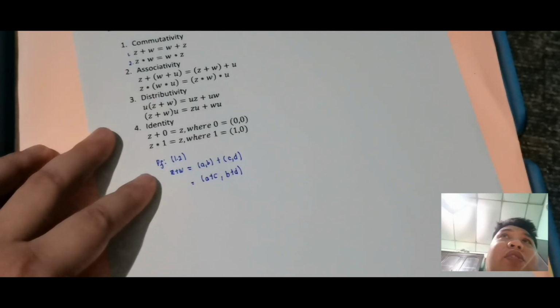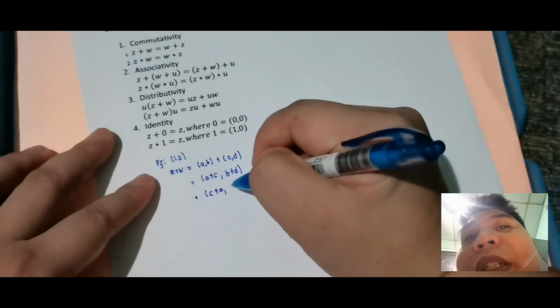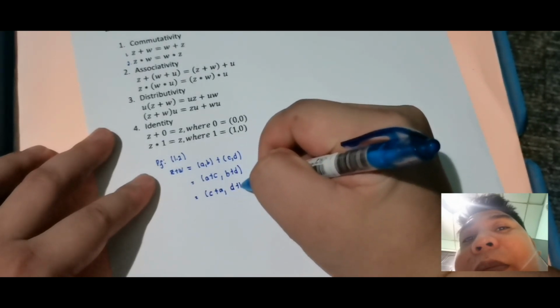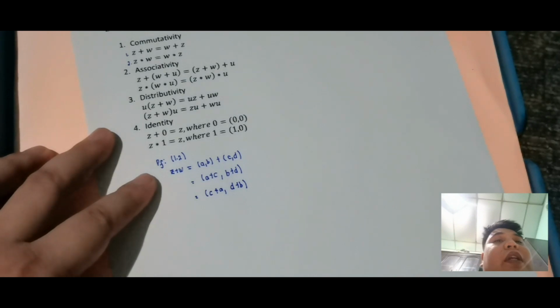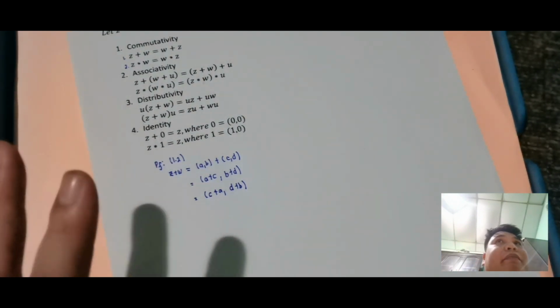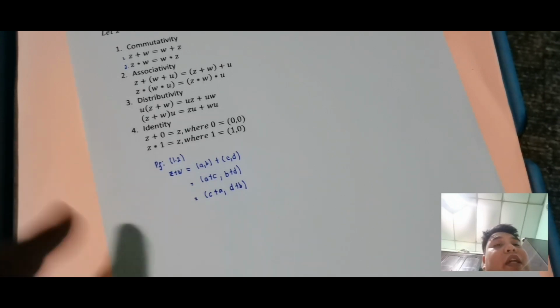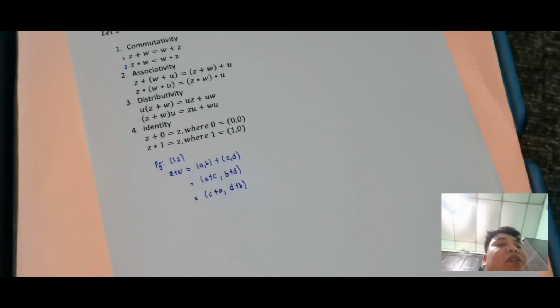Okay, next, alam natin na yung addition is commutative. Yung A plus C, commutative yan. So, pwedeng C plus A yan. So, this is equal sa C plus A. Also, ganun din sa B plus D, that is D plus B. Okay. Next, kanina nagawa nating pag-combine yung (A, B) sa (C, D), naging (A plus C, B plus D). Ngayon yung (C plus A, D plus B), kaya ko rin siya paghiwalayin.